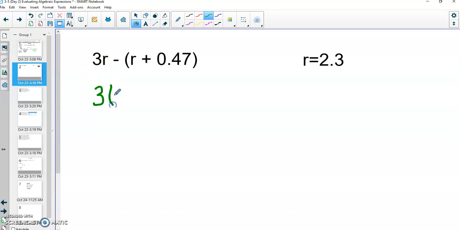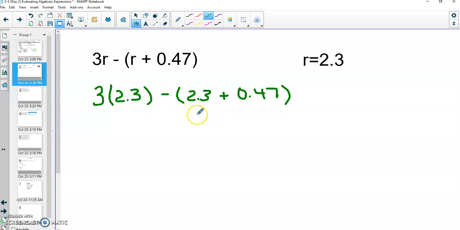That multiplication is implied. And we know that r is 2.3, subtracting the quantity of 2.3 plus 47 hundredths. Whoops, let me make that point a little better there.